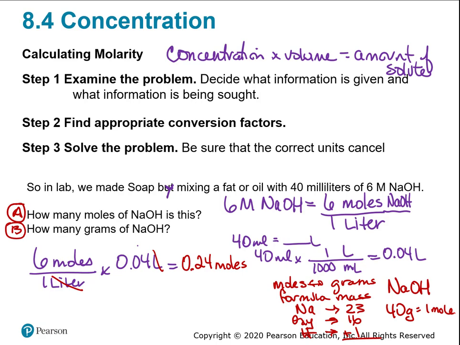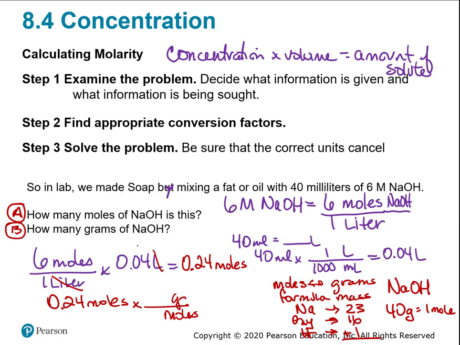So if I know the number of moles, 0.24 moles, I can convert to grams. What do I put on the bottom in this? If I want to go to grams, what unit goes on the bottom? Moles. Grams goes on the top.